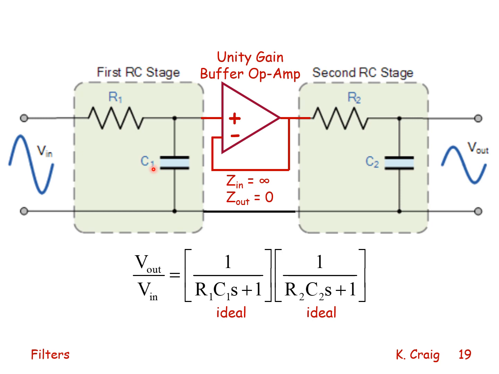So now the overall transfer function, V out over V in, is the ideal upstream transfer function for this RC filter times the ideal transfer function for the downstream RC filter, the second stage, because we have inserted a unity gain buffer op-amp.